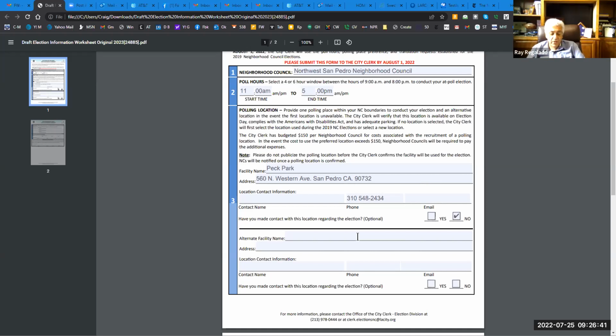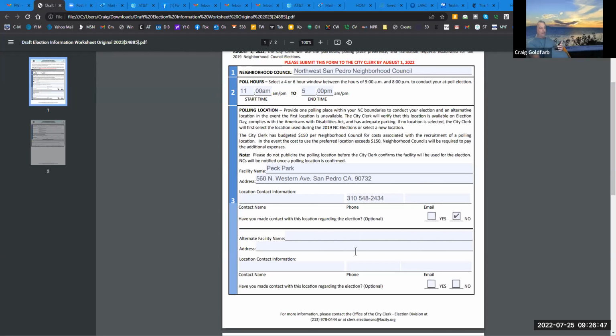Would I have your permission to do that? Yeah, fine. That means you have to contact all three places. I have to contact all three places. What's the third one? Tech Park, and two alternates. Yeah, absolutely, I will be doing that.